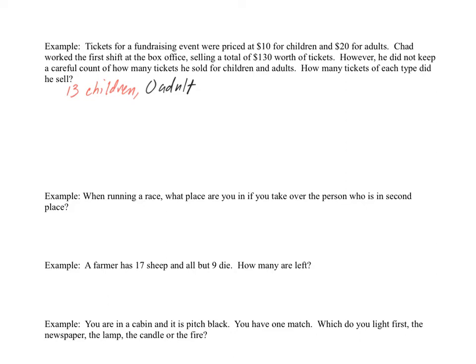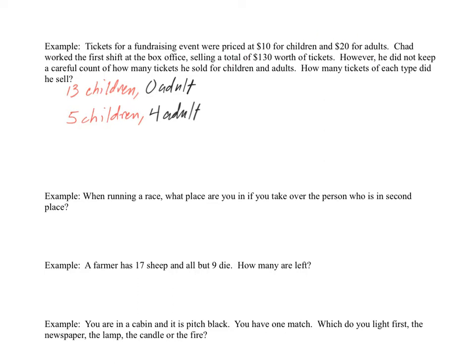So maybe something more realistic would be 5 children's tickets and 4 adult tickets. It's possible there could be 2 sets of married folk, 4 adults, and one set has 3 children and the other set has 2. That would make a lot more sense, but does this answer fit with all of our numbers?